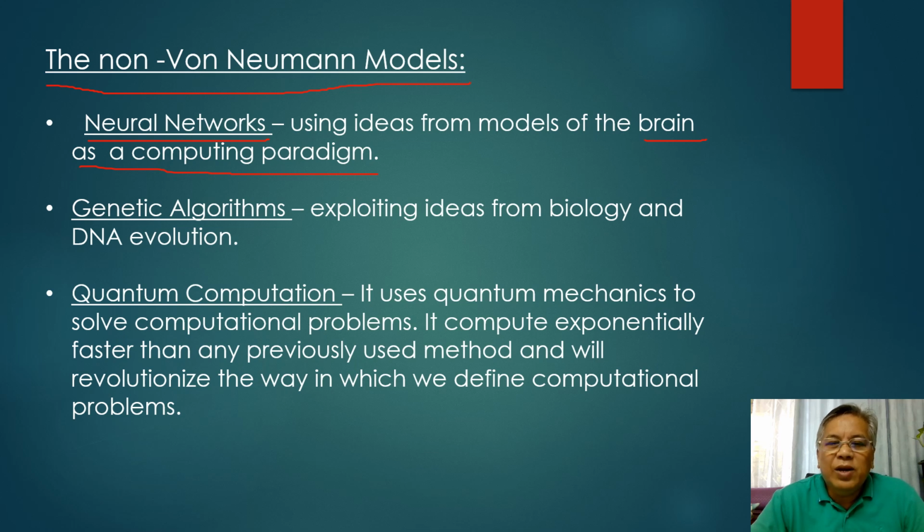Okay? It has not been fully developed yet, but there is already a study on this, and some of it is now being utilized in some applications, especially for computations based on the brain computing paradigm. Then you have the genetic algorithms, exploiting ideas from biology and DNA evolution.